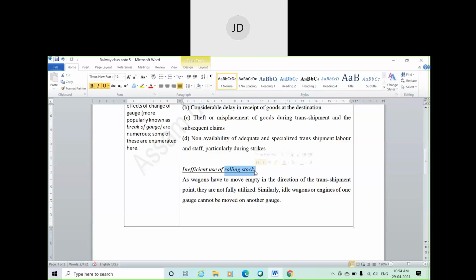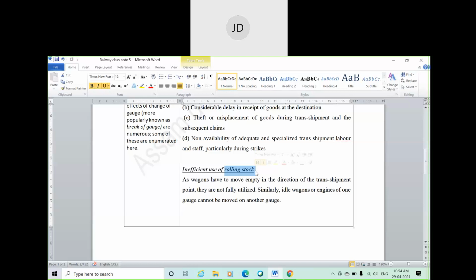Then the first train has to return to its original position empty. That means there is a misuse of the train engine and manpower, because the train is moving back to its original position without any benefit.